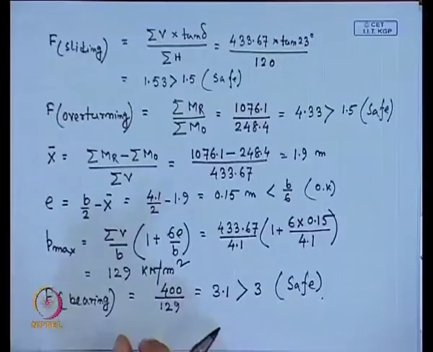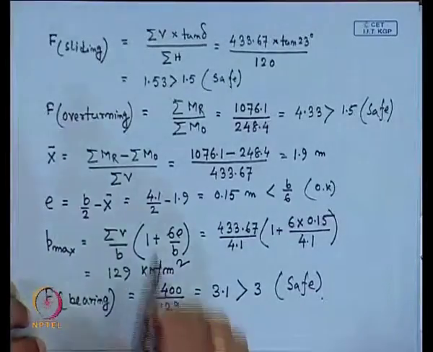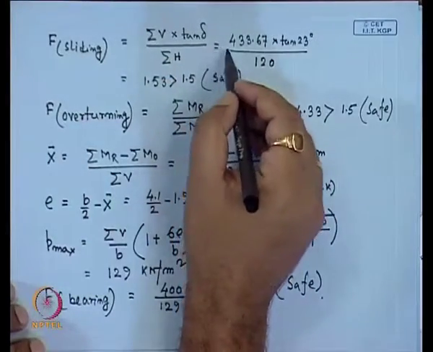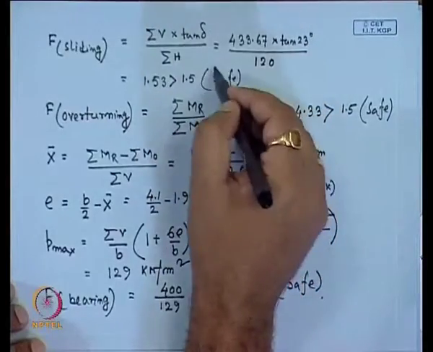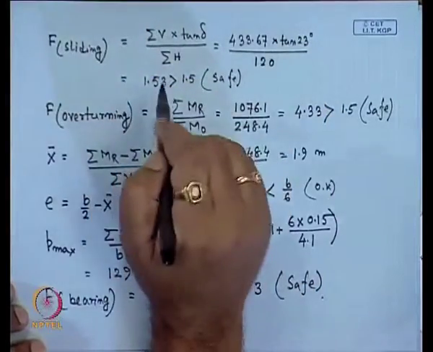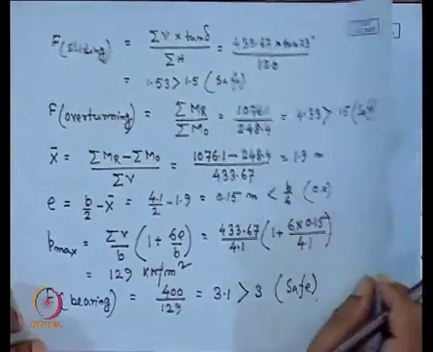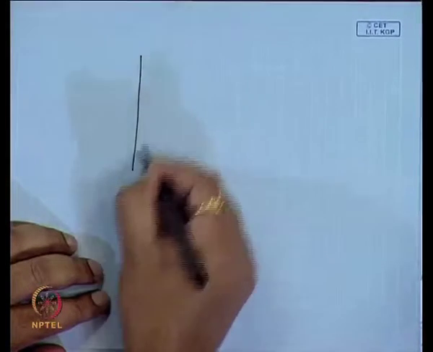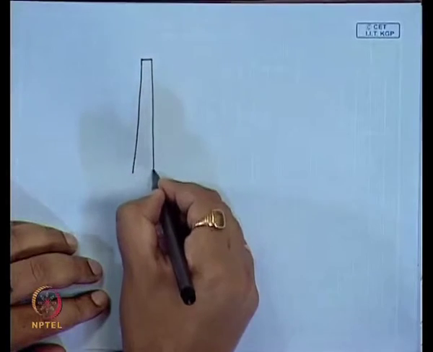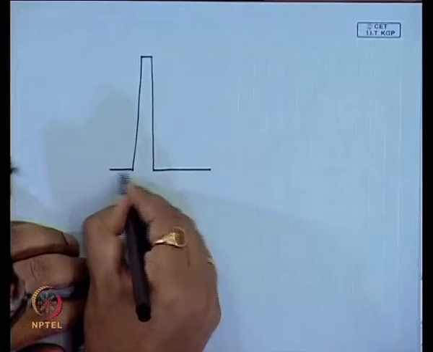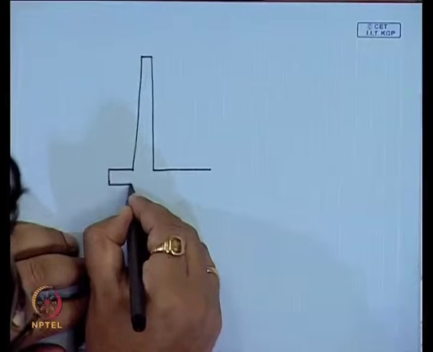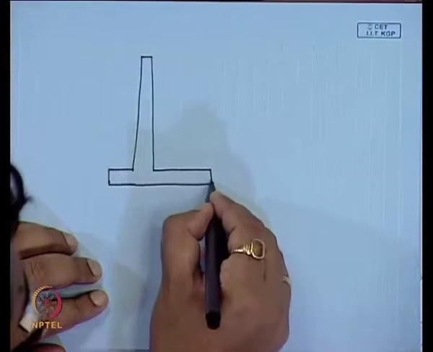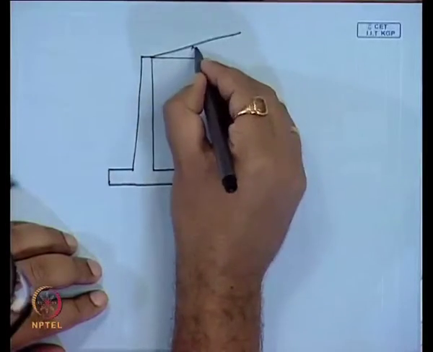Now, there are a few things that we have to mention. Suppose this problem is partially or slightly unsafe by the sliding. In that case, one thing we can do, suppose this is our retaining wall structure, this is the ground surface.